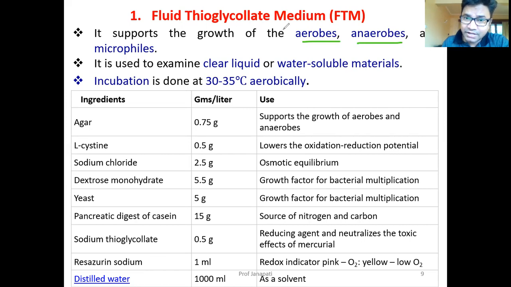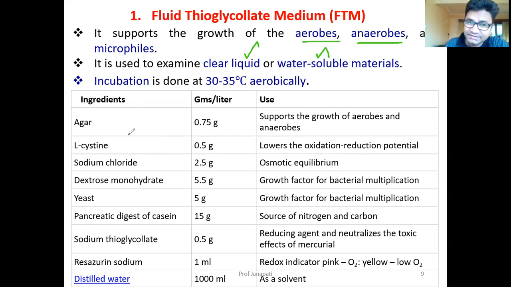This fluid thioglycolate medium is used to examine clear liquids or water-soluble material. Whenever you are taking a solid, you dissolve it in the medium specified, then if it is clear, you can use fluid thioglycolate medium. The incubation temperature for the fluid thioglycolate medium is 30 to 35 degrees.